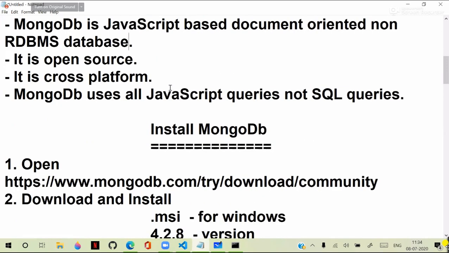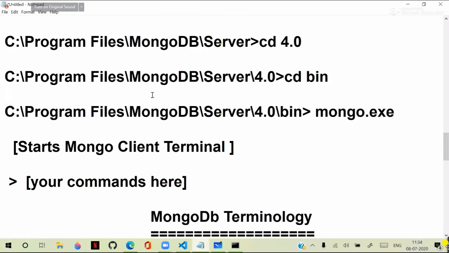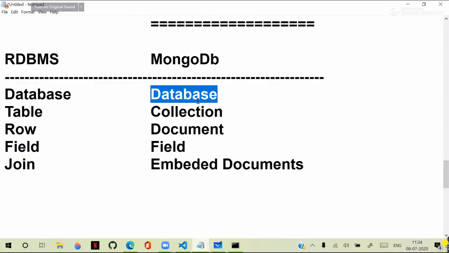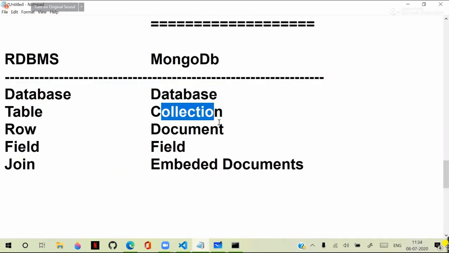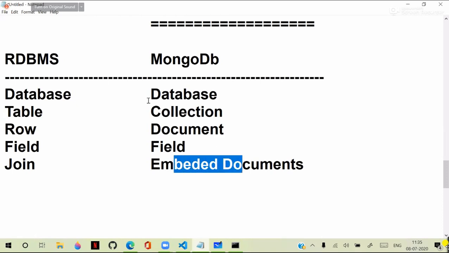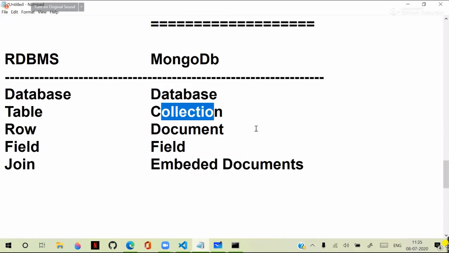So in MongoDB these terms are important: database, collection, document, field, embedded documents. Currently you need these three: database, collection means table, document means record, every row, right?